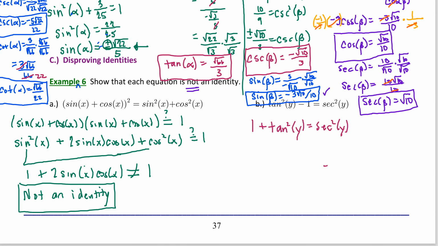Because of this relationship, we can see that tangent squared of y minus 1 is not the same as 1 plus tangent squared of y, which is equal to secant squared of y. So based on the authority of our known Pythagorean identity, this new equation is not an identity.